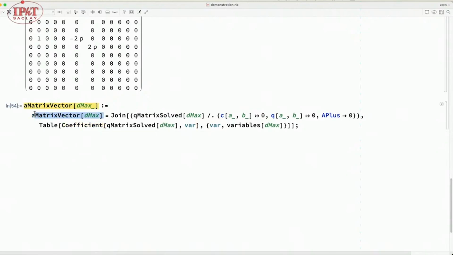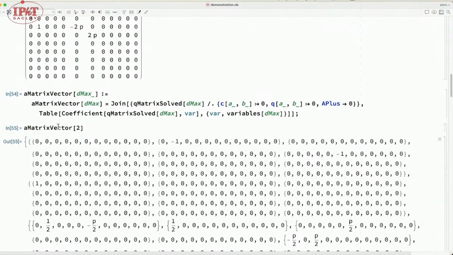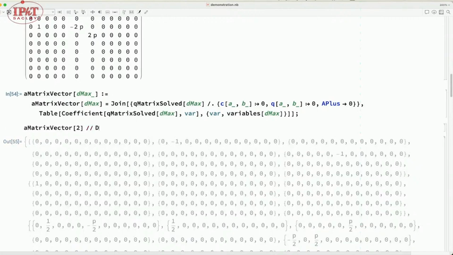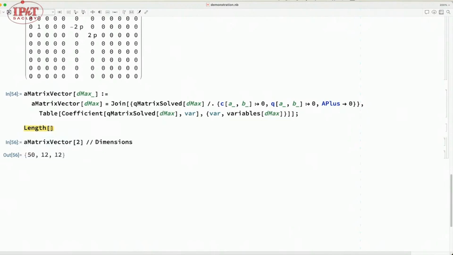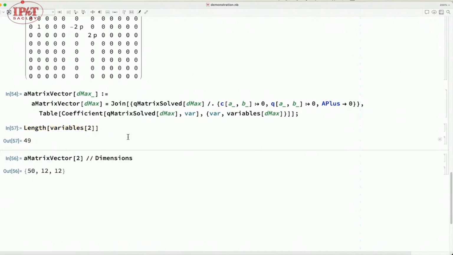I really hope this is going to work, at least somewhat. Let's just see that what we get makes sense. So we have A matrix vector 2 is something horrible. And if you look at the dimensions, it's a vector of matrices. So this tells you how many matrices there are, and this tells you the dimension of the matrices. So the first entry should be the number of variables. Let's just look. If you look at the number of variables for 2, it is 49.